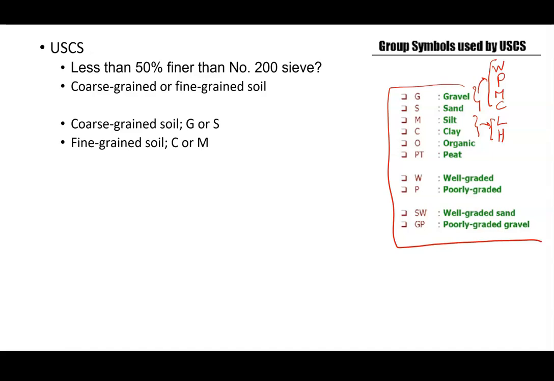So the first thing that we need to do is to answer the question: do we have more than 50% fine particles or coarse particles. So in step 1, you look at the percent passing sieve number 200 to see if more than 50% is passing through or if more than 50% is retained on sieve number 200.